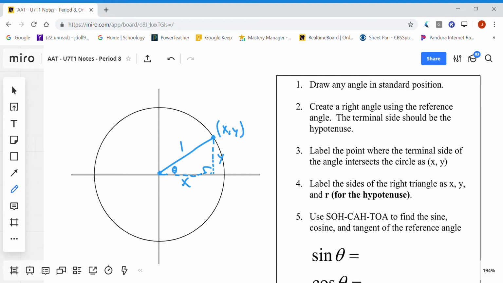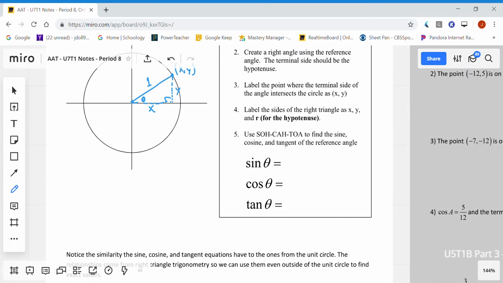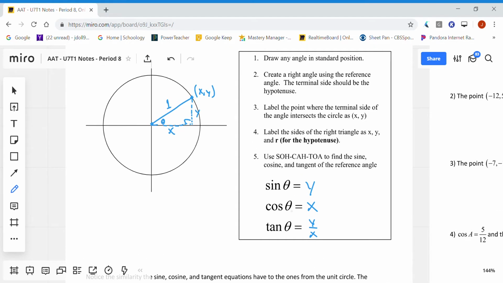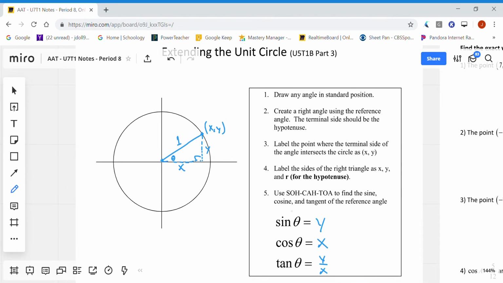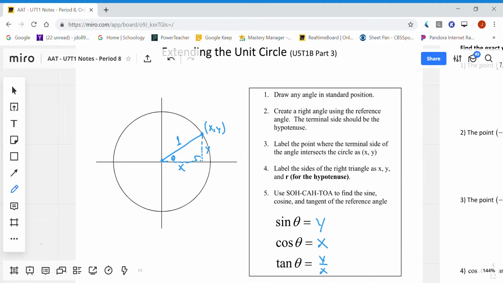Since it's the unit circle, we know the radius is always 1. Because the radius is 1, which is the same thing as the hypotenuse of this right triangle, that makes it very easy to find sine, cosine, and tangent. Sine was y, cosine was x, tangent was y over x. We did that previously.